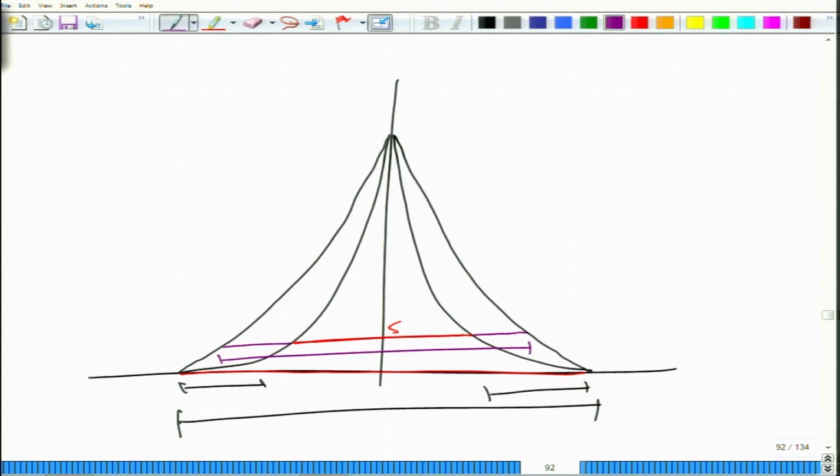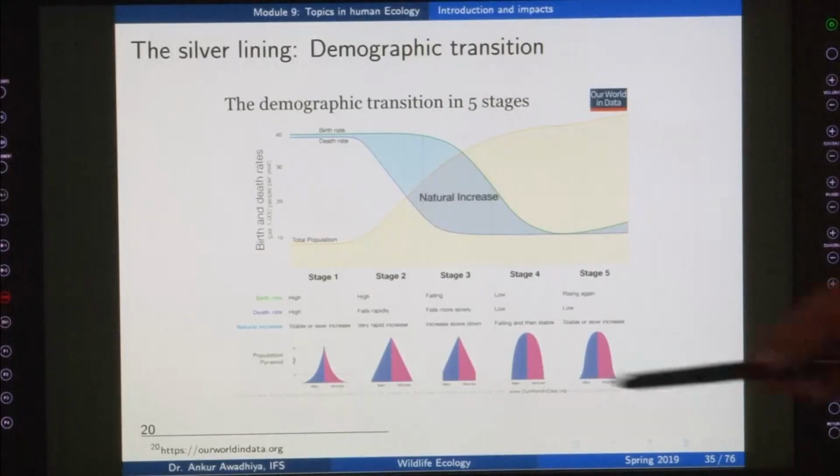So now this curve, in place of looking like this, looks more like a triangle. So this is the second population pyramid that we observe. Here you have a high birth rate, but a death rate that is now lowering.